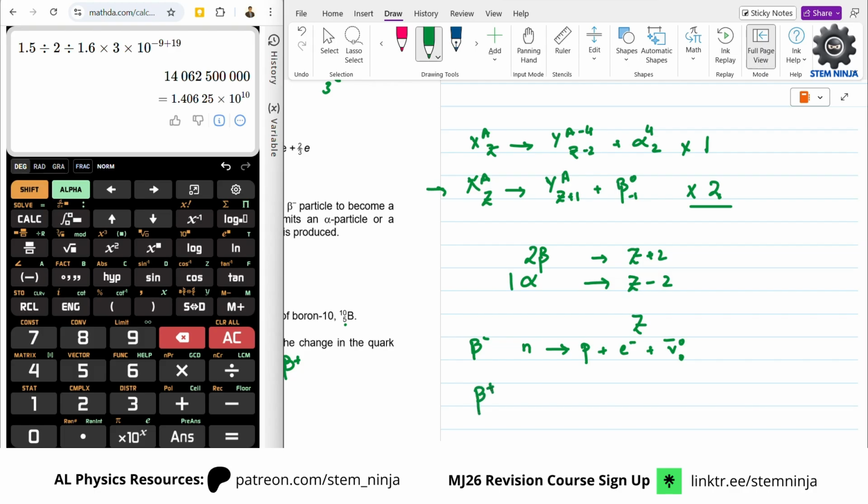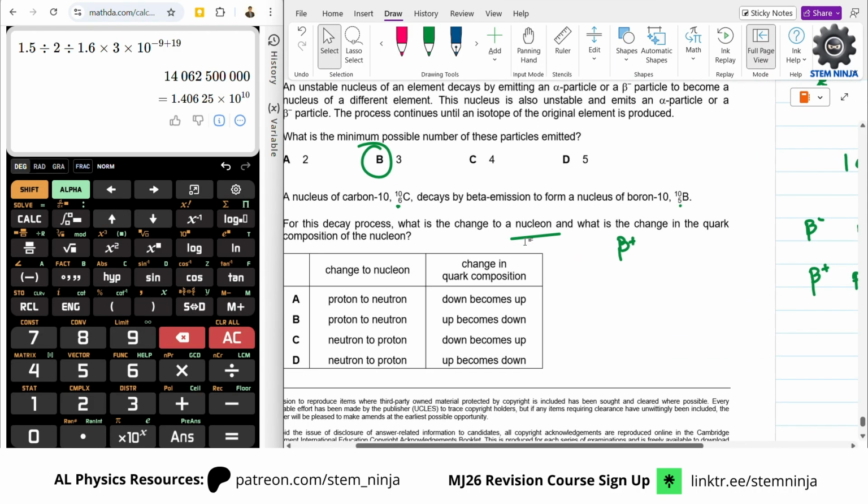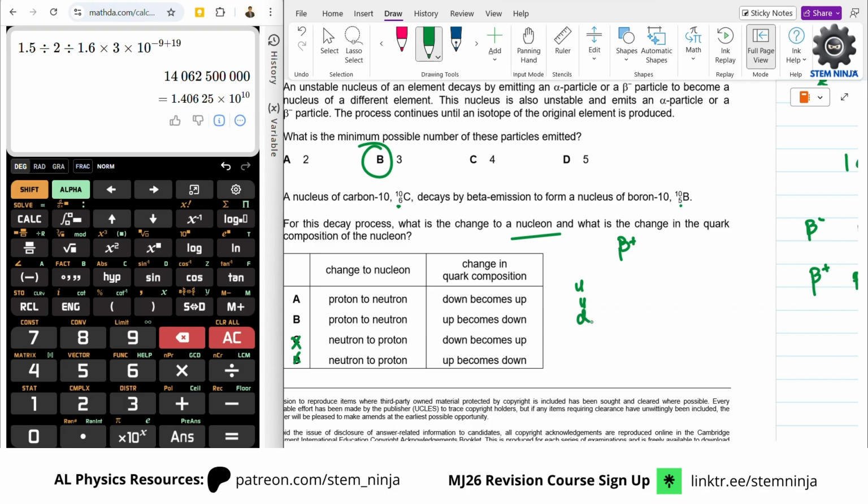But in beta positive, a proton decays into a neutron and a positron and an electron neutrino. So in this case, it's a proton to a neutron. That means these two cancel out. And since it's a proton, which is up, up, down, converting into a neutron, up, down, down, one up converts to down. So B is the right answer.